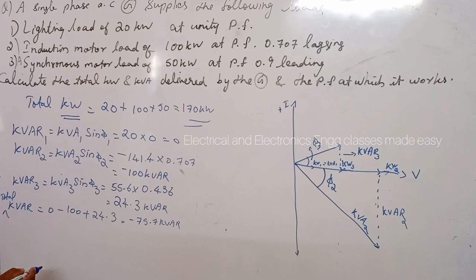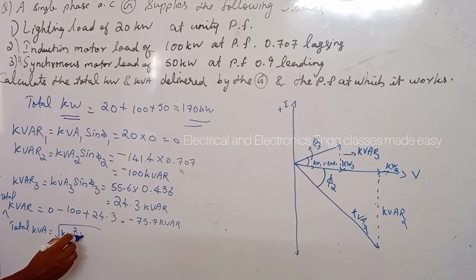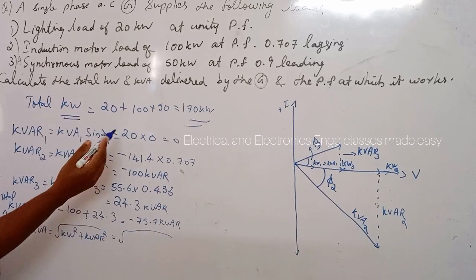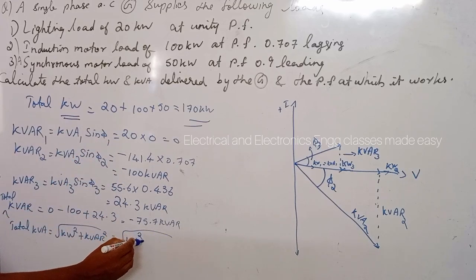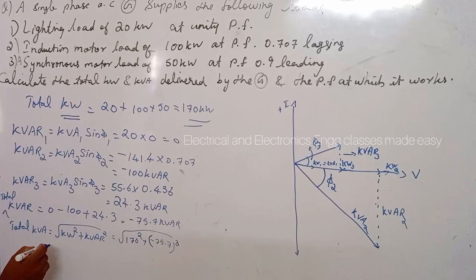Now we can calculate the kVA delivered by the generator. Total kVA is equal to square root of kW square plus kVAR square, that is square root of 170 square plus minus 75.7 whole square, and that is equal to 186 kVA. So the total kVA delivered by the generator is 186 kVA.